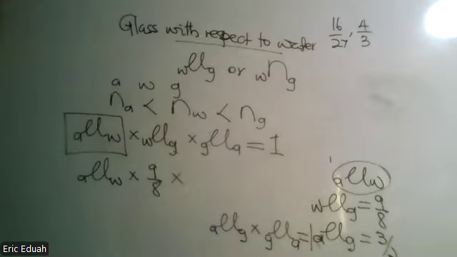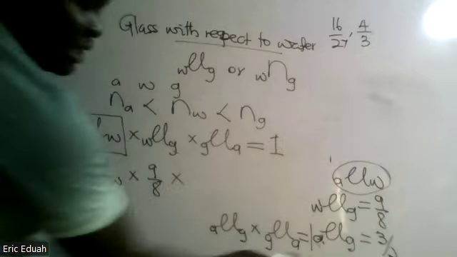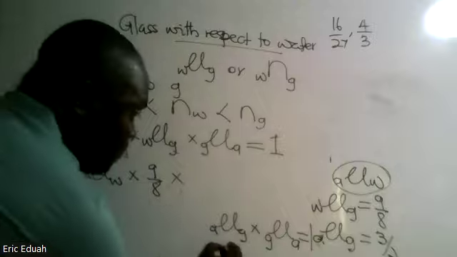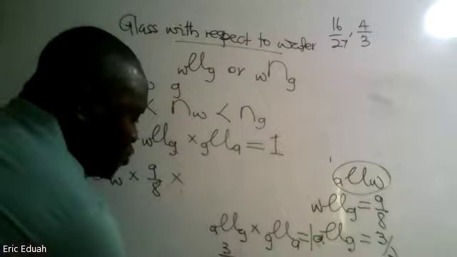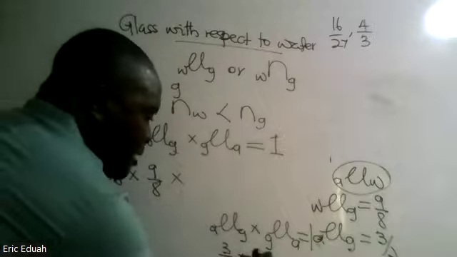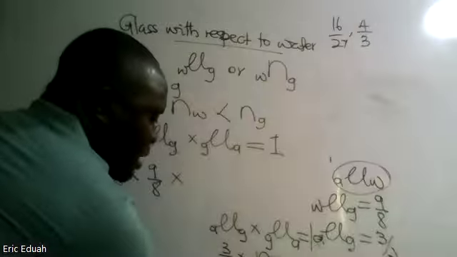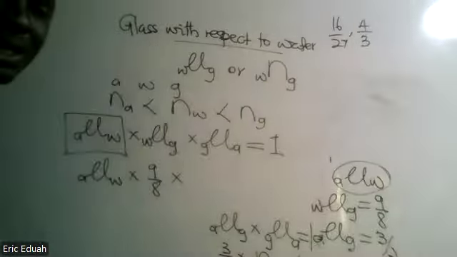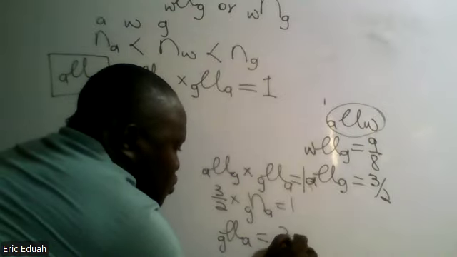So 3/2 times the refractive index from glass to air is equal to 1. Therefore, the refractive index from glass to air is 2/3.